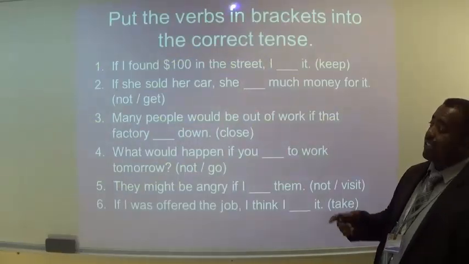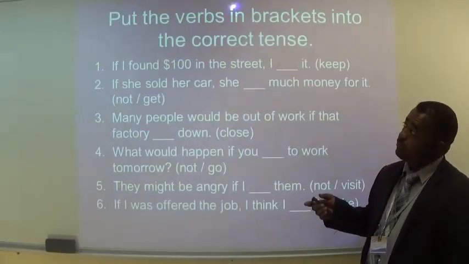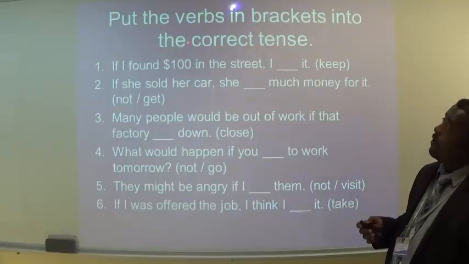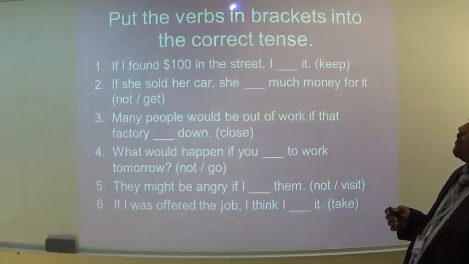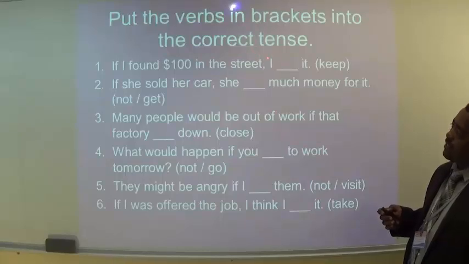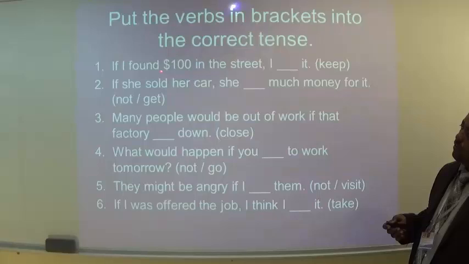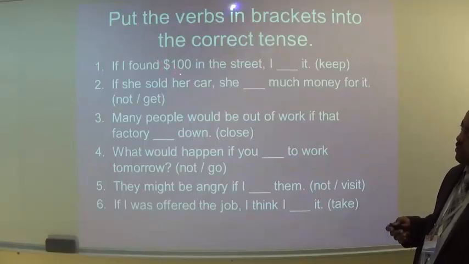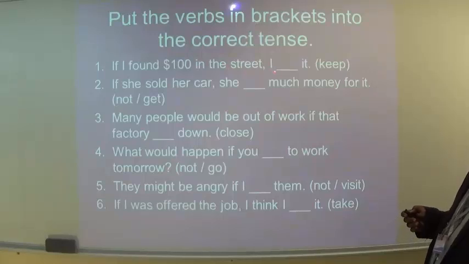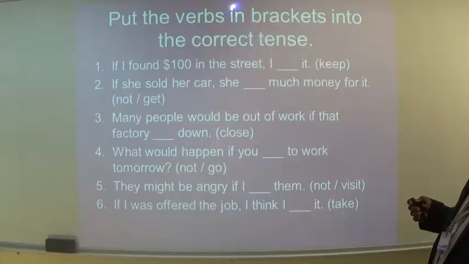So this, as an exercise: put the verbs in brackets in the correct tense. If I found 100 dollars in the street, I dash it. The verb between brackets is keep, and for the second one, not.